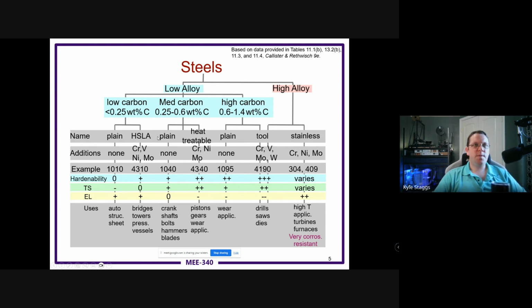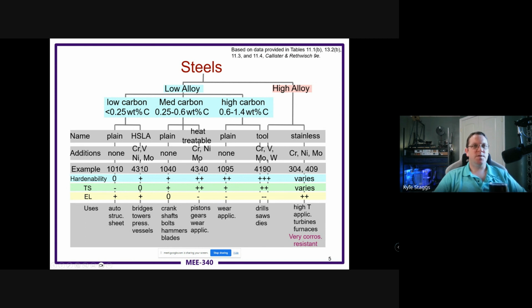So there's a couple variations, like a 4310, which is kind of a cheaper hardenable steel. That's why it's used for bridges and towers and pressure vessels, tanks.